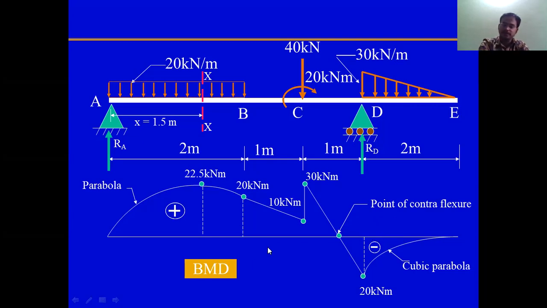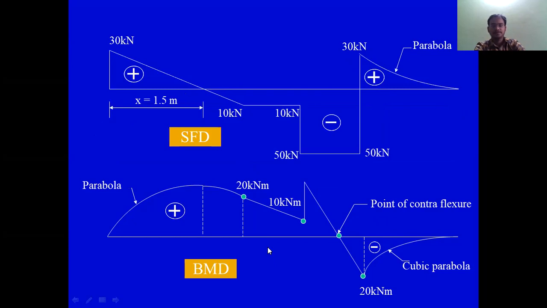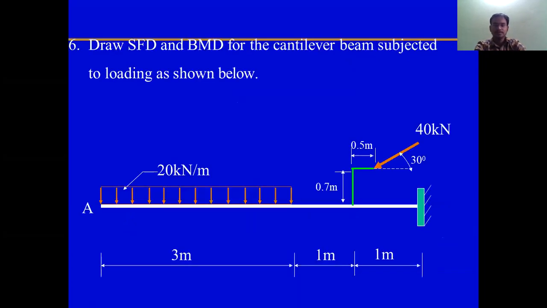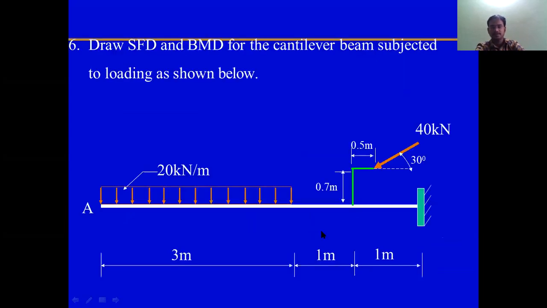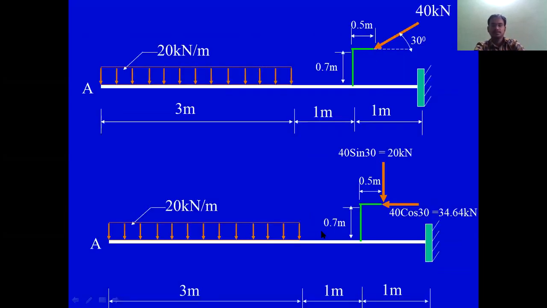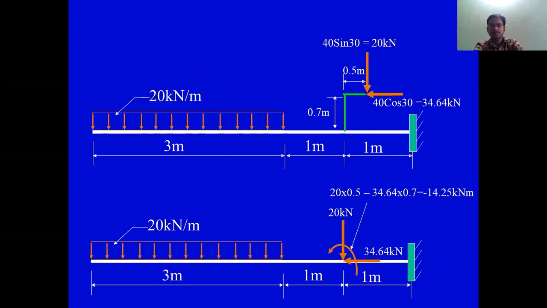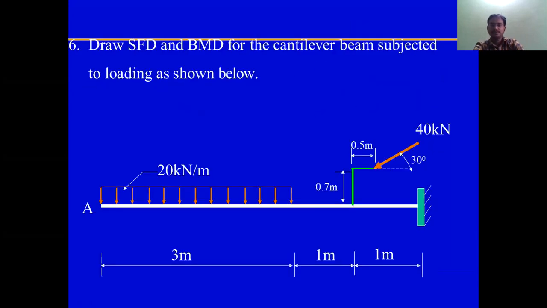So by that you can find out this value also. Point of contraflexure also you can determine. This is how we solve the problem.